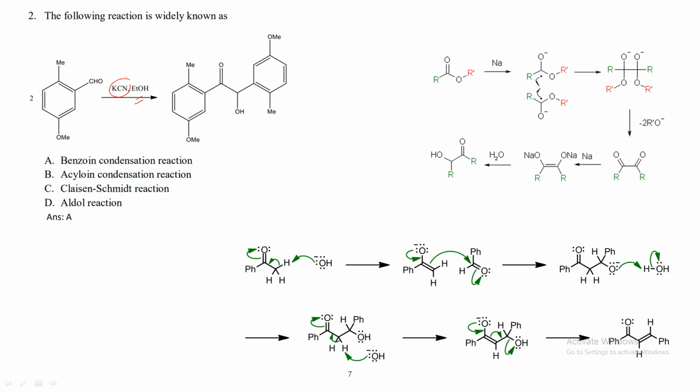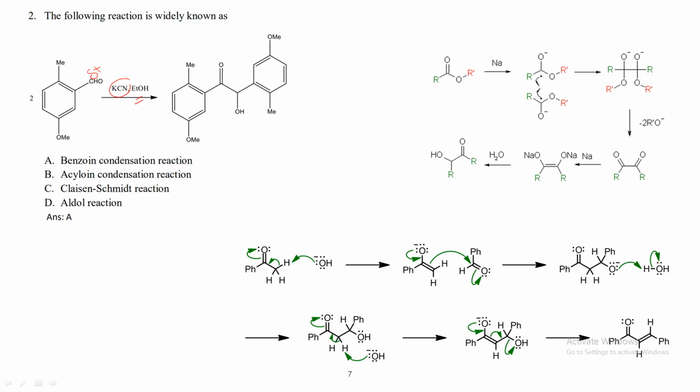At first, what would happen with KCN? You can see the aldehyde group is there, which is delta plus, the most electropositive center in the molecule. So KCN, the CN minus, would attack over there.